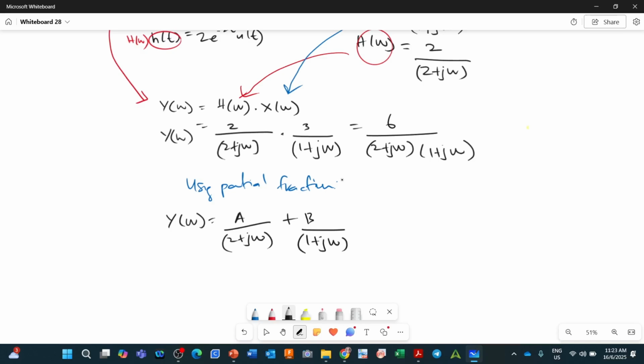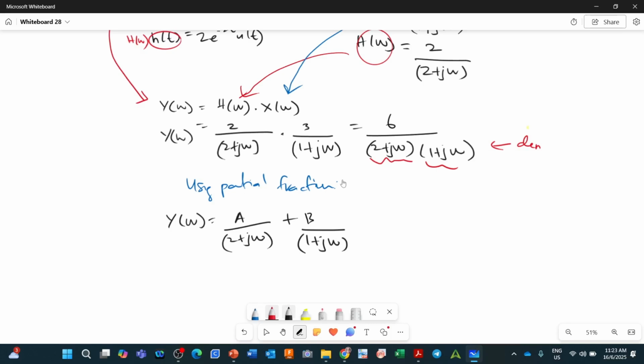This is the common partial fraction. If you have two factors in the denominator, then you're going to use partial fraction.